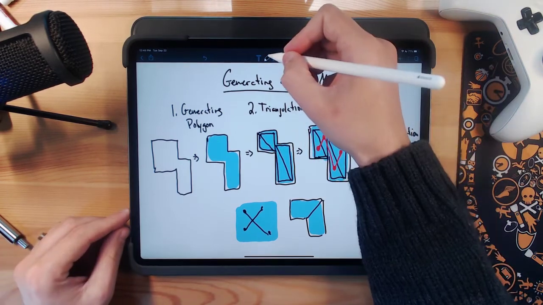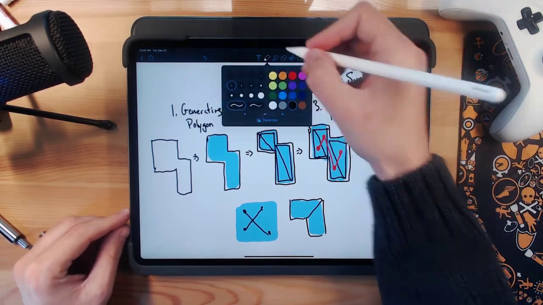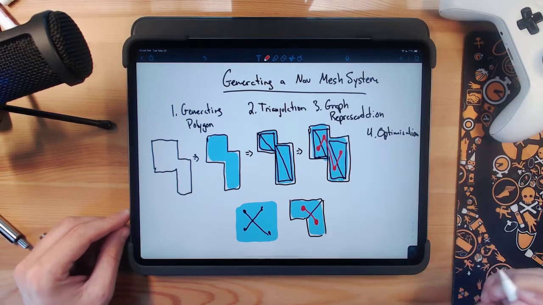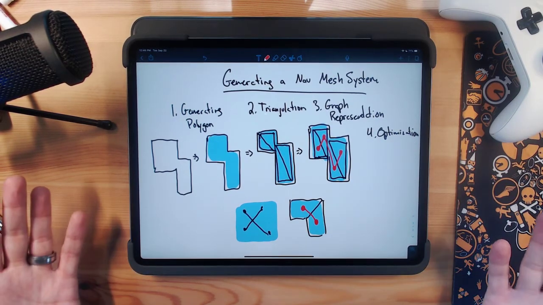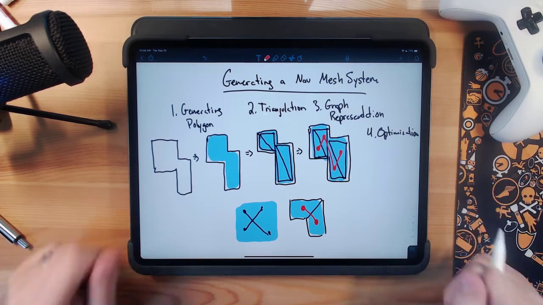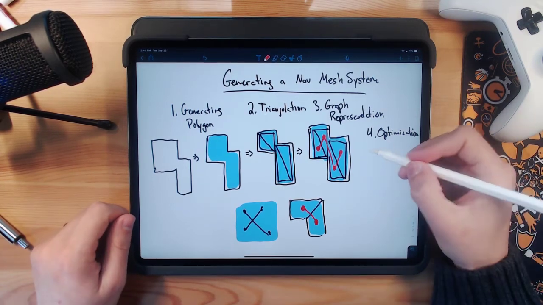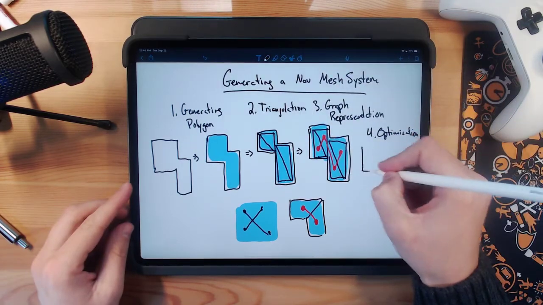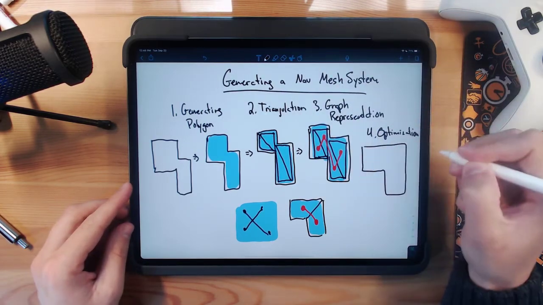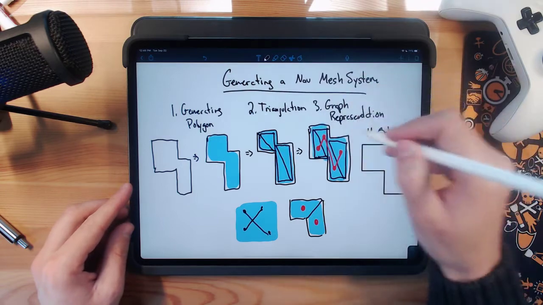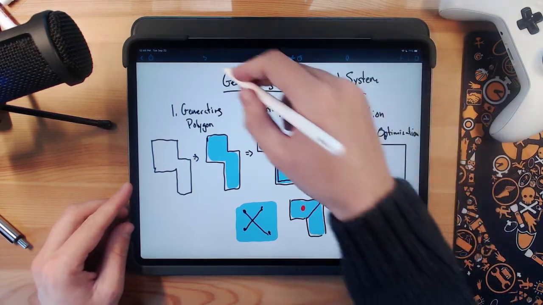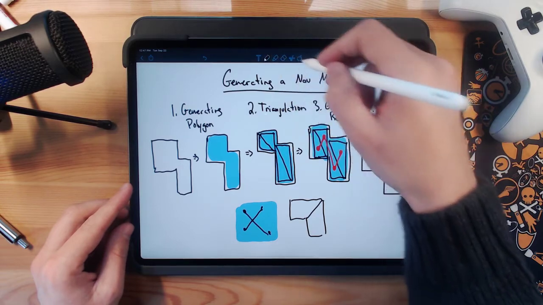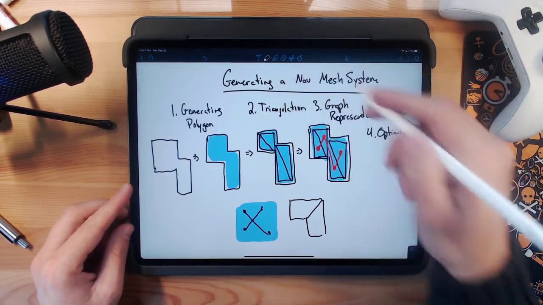Now this cleans up our graph data structure a little bit. Our graph data structure would now be represented just by 2 nodes, similar to this, which would make all of our algorithms, when our game is actually running, a little bit faster. So the final phase here, if you were going to tackle this, would be optimization of this final shape.